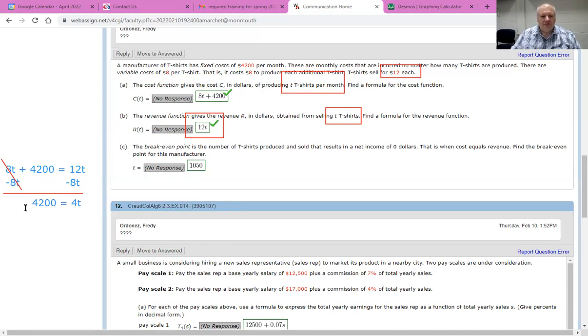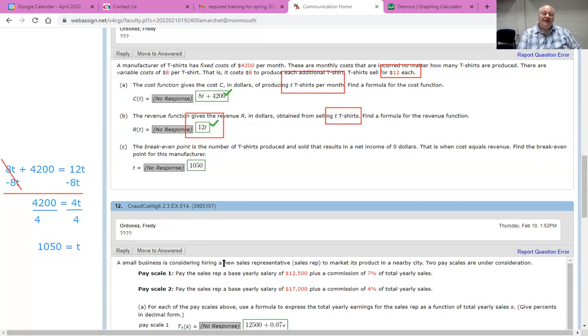And then I can divide both sides by 4 now. When you do that, you get 1050. Yep, 1050.